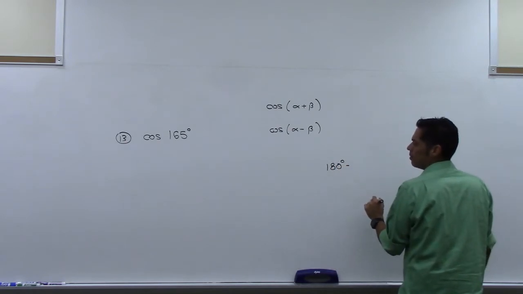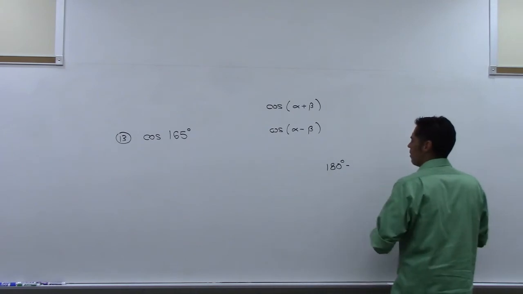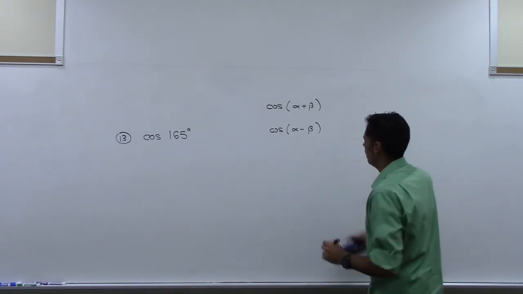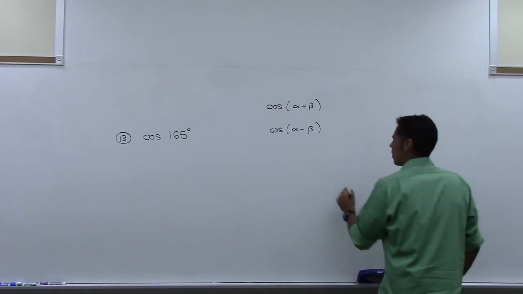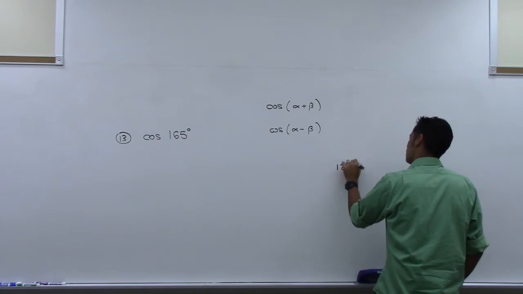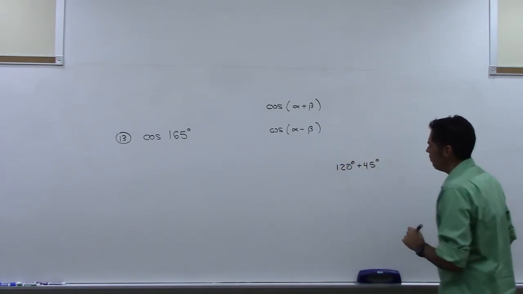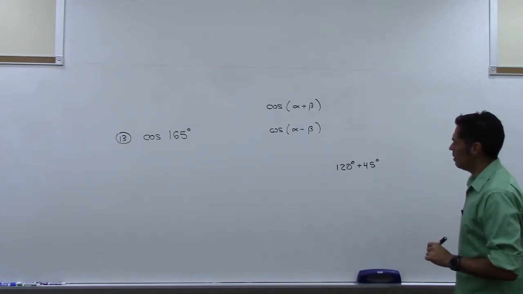Well, no, that's not an angle we know. I was going to say minus 45, but that wouldn't work. So let's see. How about 120 degrees plus 45 degrees, right? That would work. As long as we know where 120 is on the circle.